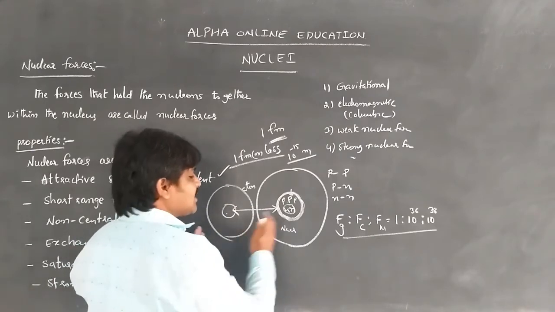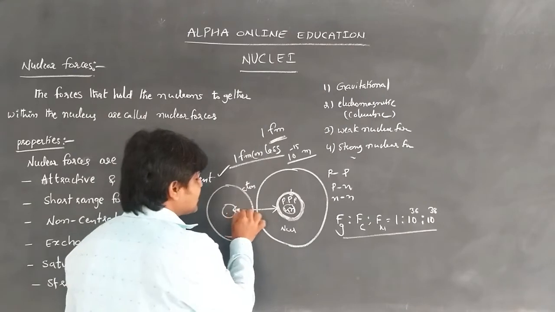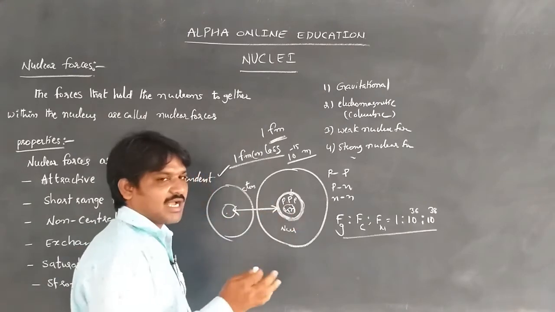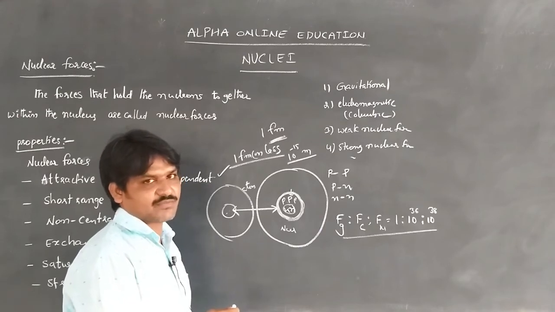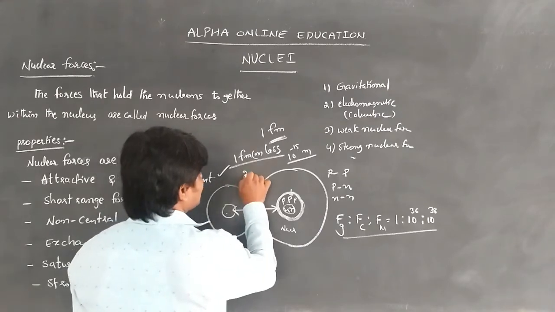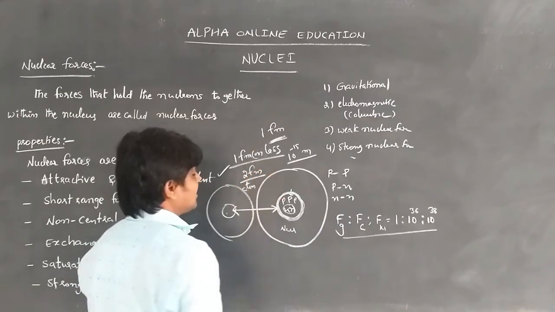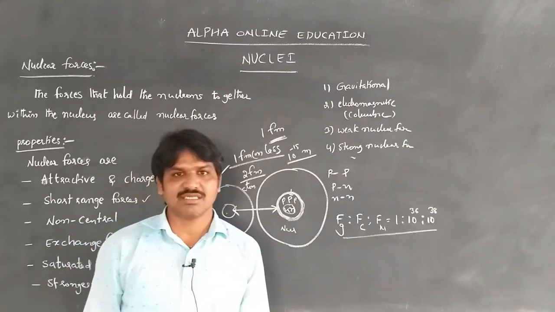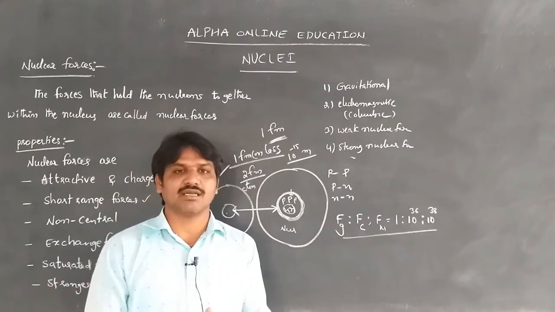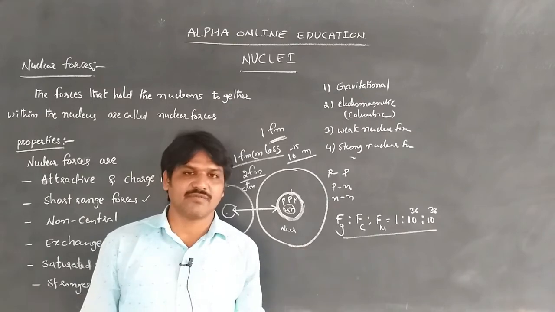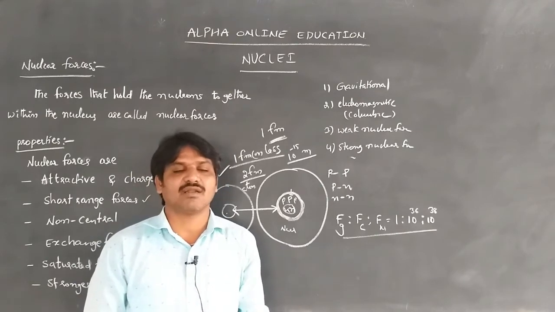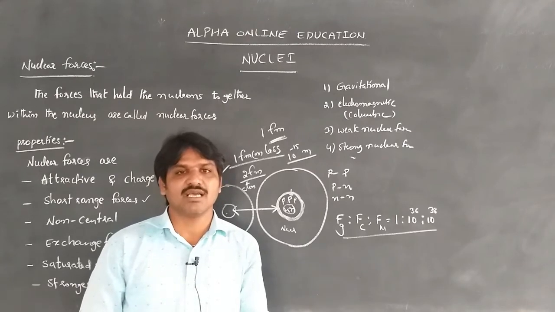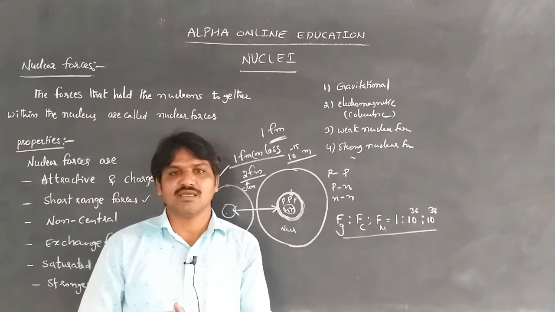If the distance increases, the attractive force between the nucleons decreases. Between 1 Fermi and 2 Fermi, the force keeps decreasing, and for more than 2 Fermi, the attraction between the nucleons is 0.